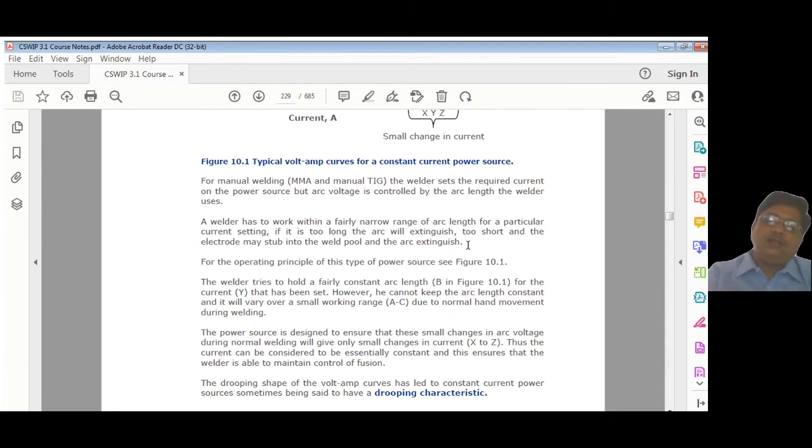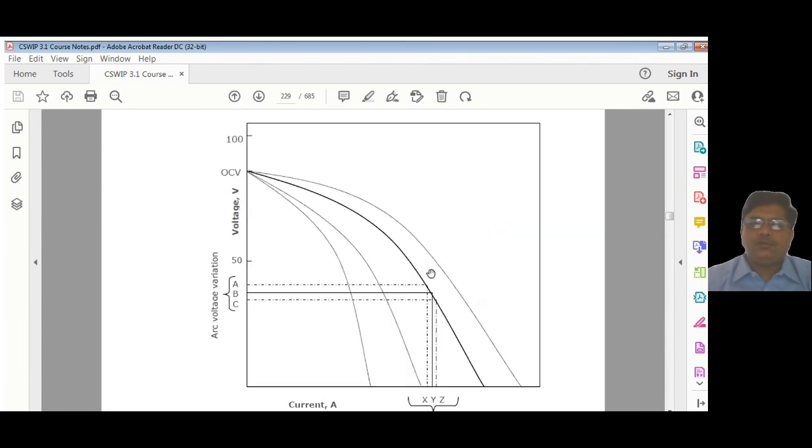And if he stays a little bit away from the welding surface or bevel surface, then his arc will extinguish, or he will have a lot of start-stop issues. Many times this is also called stick out or stick distance. For the operating principle of this type of power source, see figure 10.1. That is the graph for that.